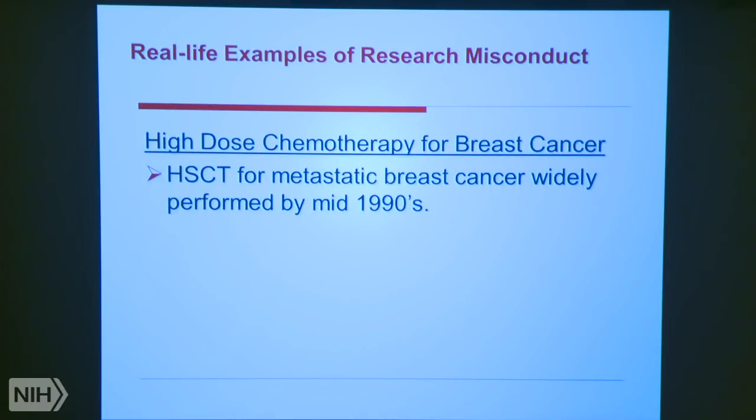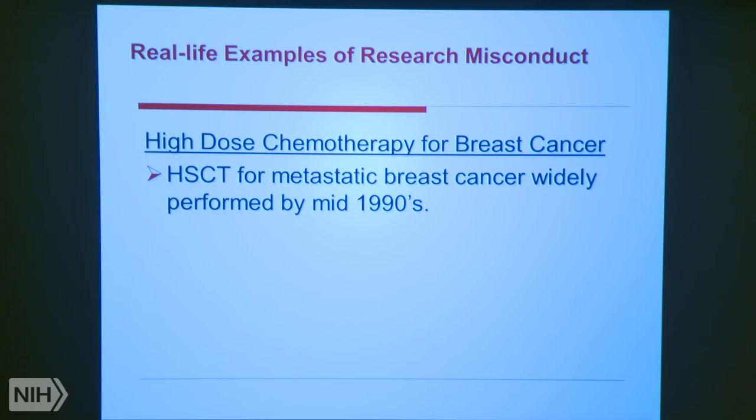Now, this is perhaps one of the most egregious cases that I'm going to go through, a case that really affected many hundreds of patients over almost a decade of treatment. Back in the late 1990s, hematopoietic stem cell transplant for patients with breast cancer was a pretty big and growing area of interest.